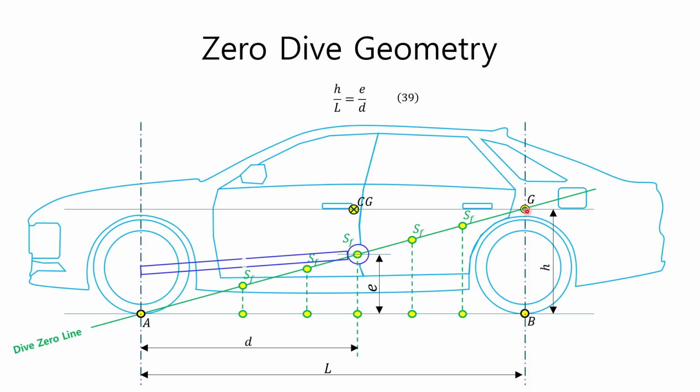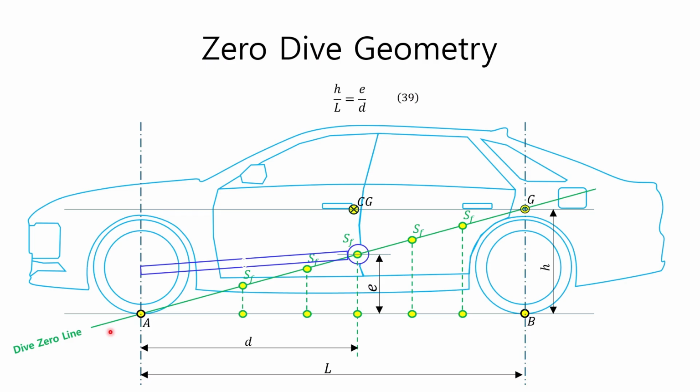Pitch geometry is analyzed based on the bicycle model. The forces acting on the left and right wheels combine into a single force at the vehicle's center longitudinal section. It is assumed that the vehicle's center of gravity is located at the vehicle's center longitudinal section.